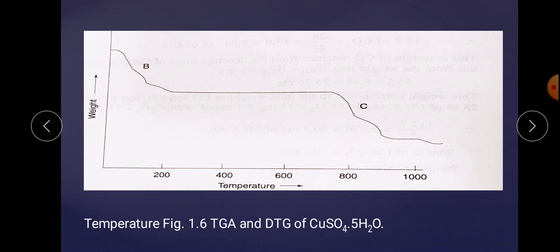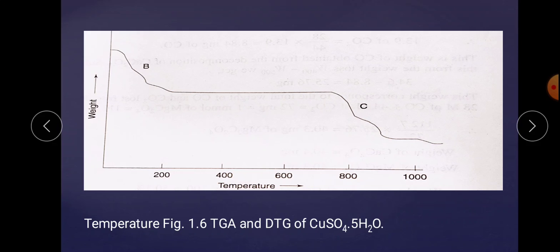Similarly, the TGA curve makes it appear as if CuSO4 gives rise to CuO, SO2 and half O2, which get lost between 700 and 900 degrees Celsius. But the C point is because of the formation of 2 molecules of CuO·SO3.